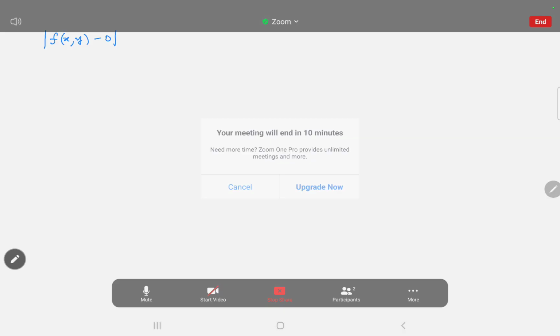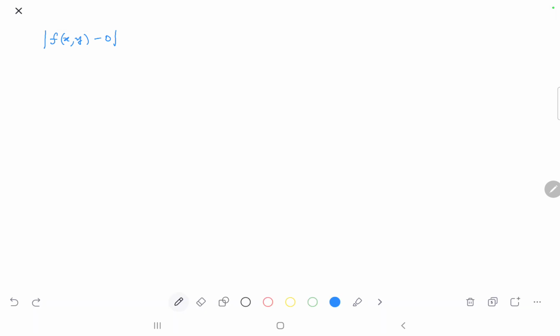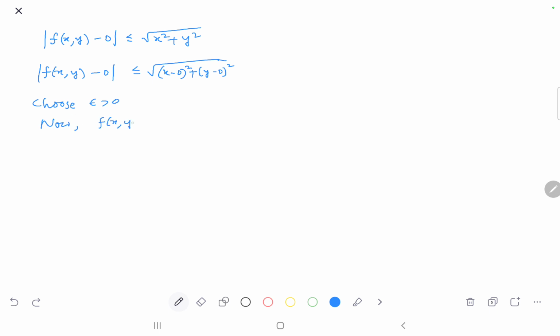So let me write it here. We have |f(x,y) minus 0| less than or equal to the square root of x square plus y square. For your convenience, you can write it like this: |f(x,y) minus 0| is less than or equal to the square root of (x minus 0) whole square plus (y minus 0) whole square.